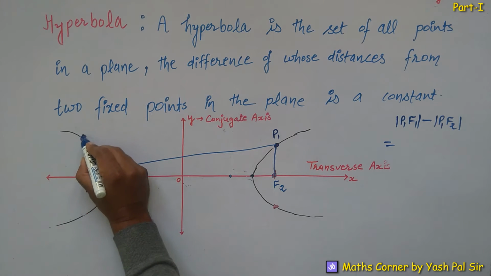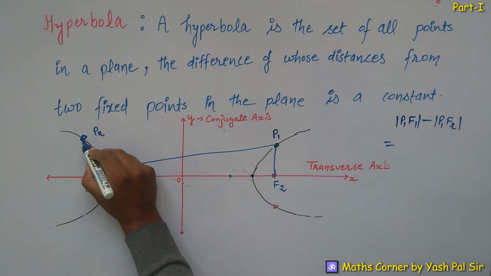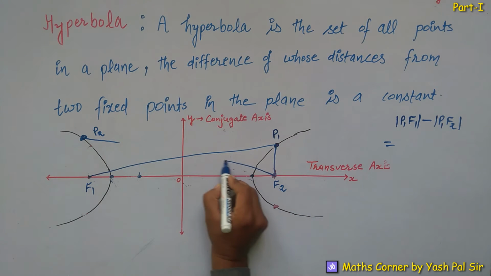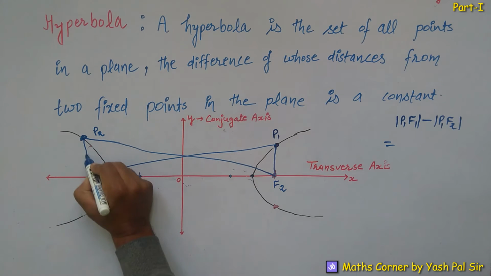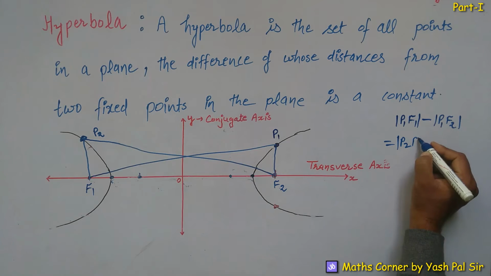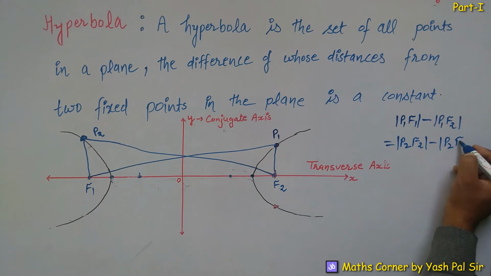Suppose this is the point P2, the second distance, from P2 to F2 minus P2 to F1.